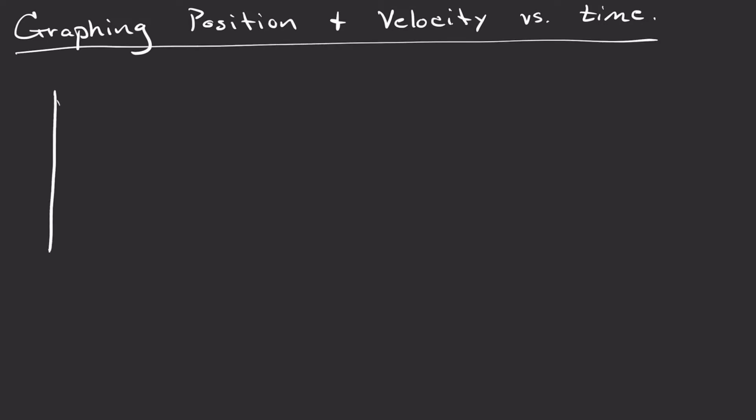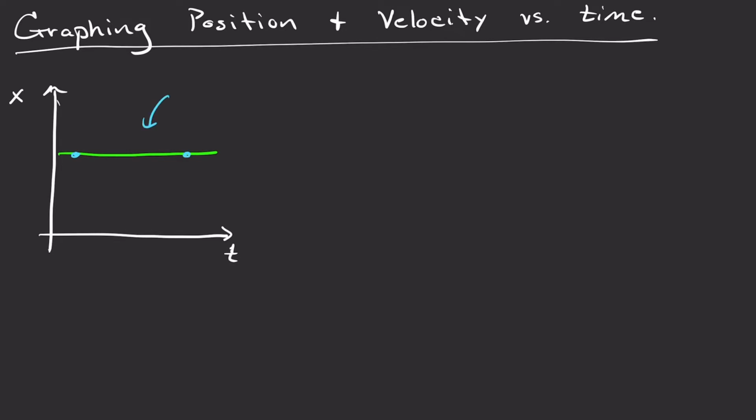So I'm going to put x on my y-axis and t on my x-axis. Okay, and so let's just start with this graph. If this is a flat horizontal line, so this means my position here is the same as my position some time later.